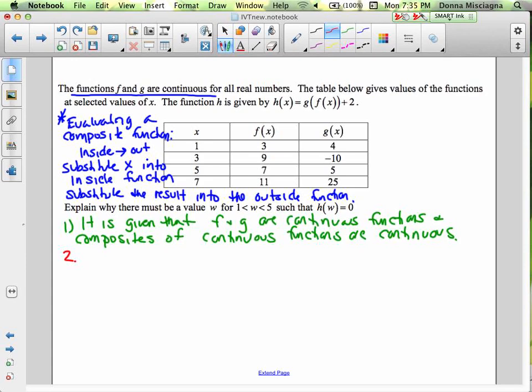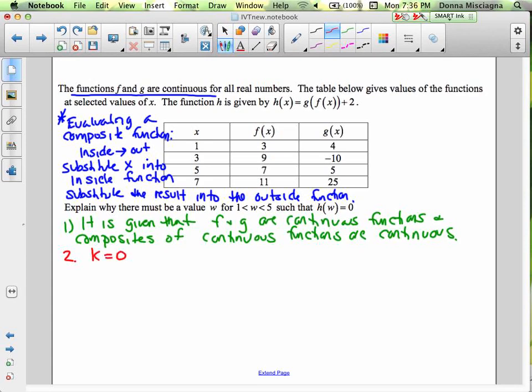All right, step 2. We need to evaluate at 1 and 5, and make sure that 0 is between h of 1 and h of 5. So k here is 0.